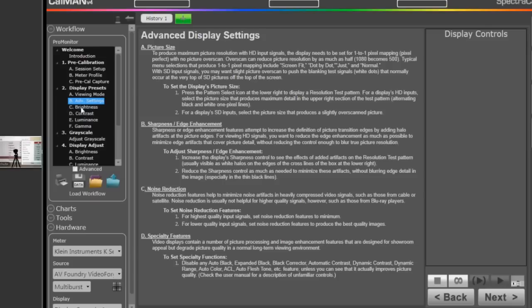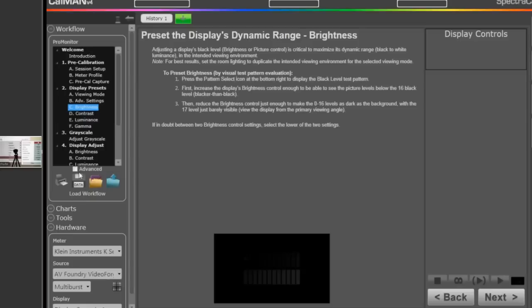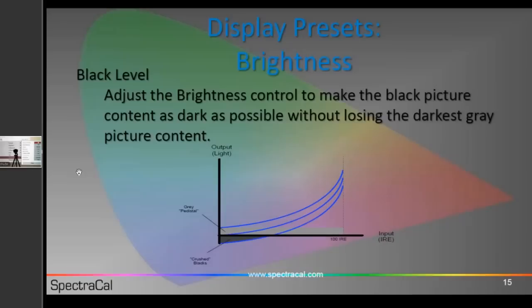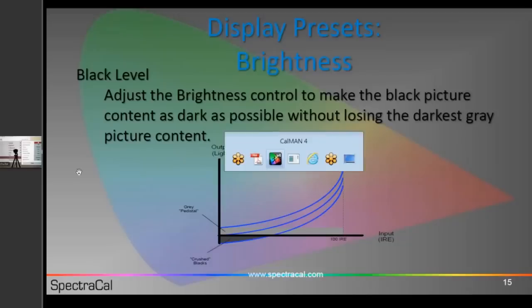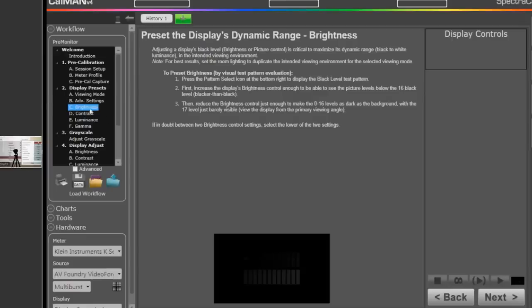So coming then into the brightness adjustment, step back for just a moment. Again, we want to adjust the brightness control to make the black picture content as dark as possible without losing the darkest gray picture content. And so over on the CalMAN software, what we're going to do is go over to the Test Pattern Select button, which selects a brightness test pattern.